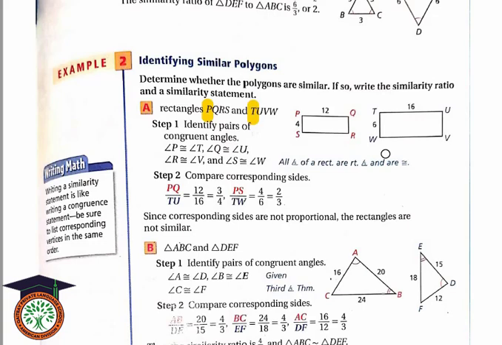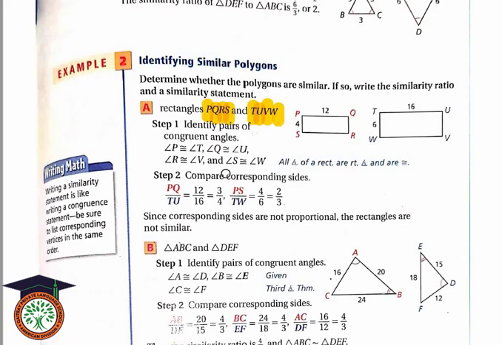Angle P is congruent to angle T, angle Q to angle U, angle R to angle V, and angle S to angle W. So all the angles are right angles, so all the angles are congruent.